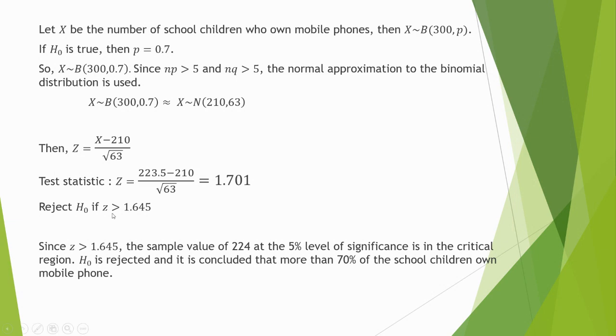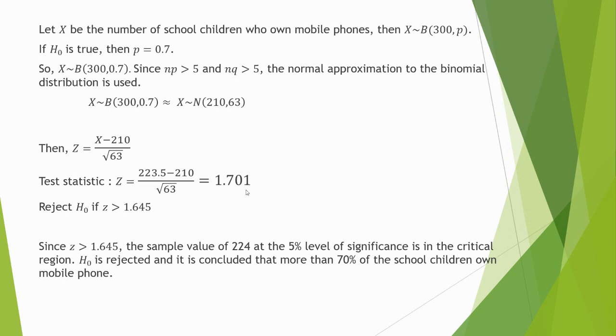Since this is our z, 1.701, and the critical value is based on your right hand side, because it is p greater than, for a level of significance of 0.05, it is 1.645.